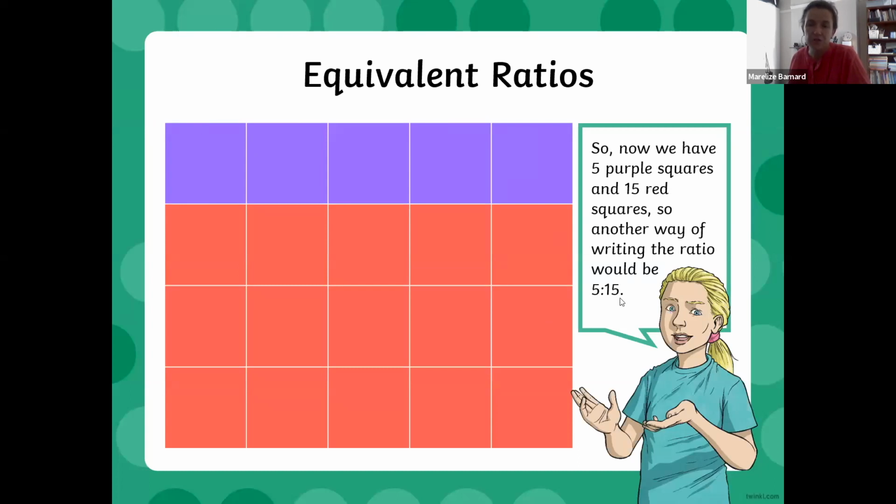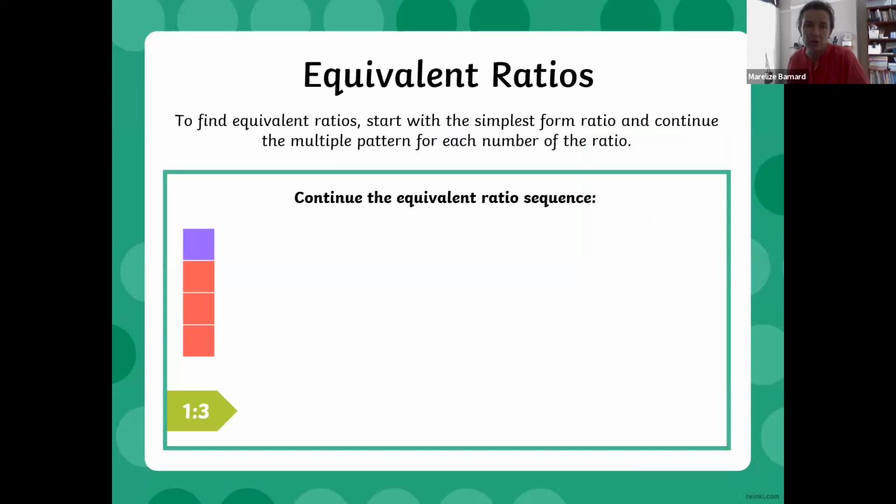That's 5 to 15. And what do you get if you simplify the ratio of 5 to 15? 1 to 3, that's it, yeah. So 5 to 15, 4 to 12, that is all what we call equivalent ratios.